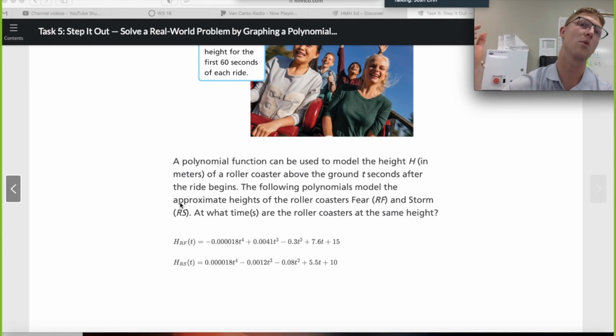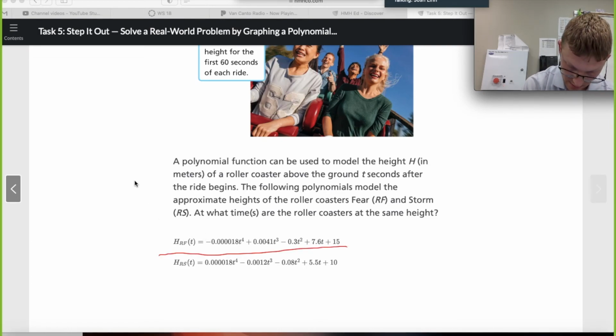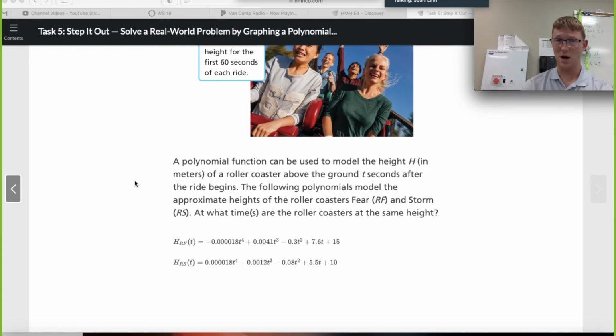Because that's really all we need to know, right? So we've got our time equations right here. T is in seconds after they start, and the functions will give a number in meters. So we need to know when they're the same height.